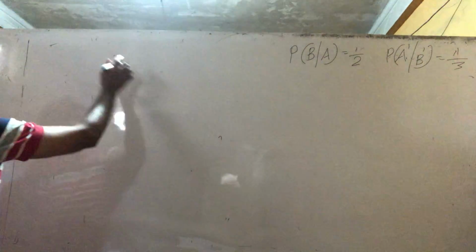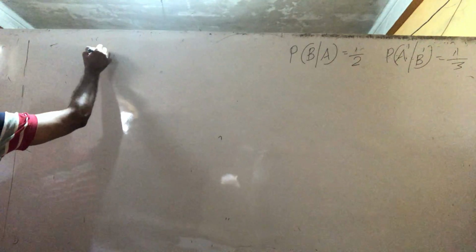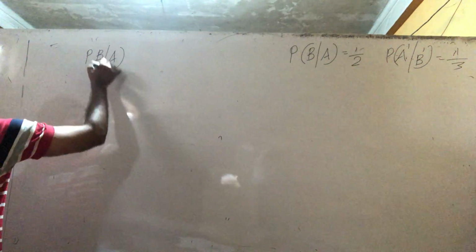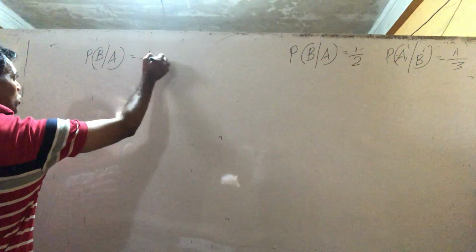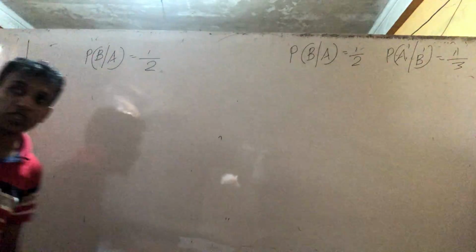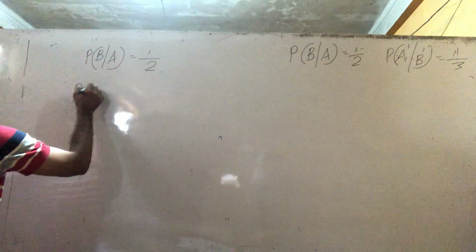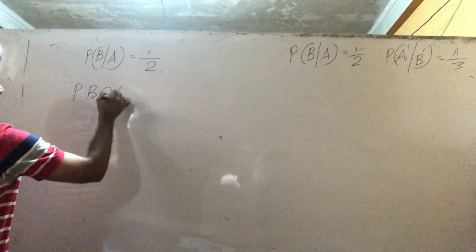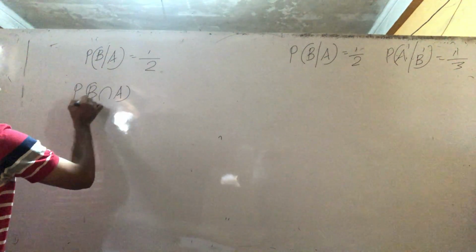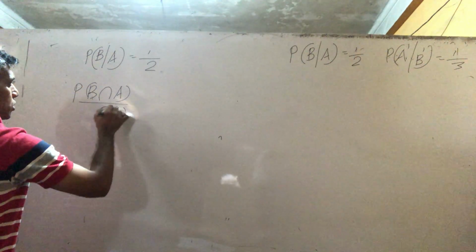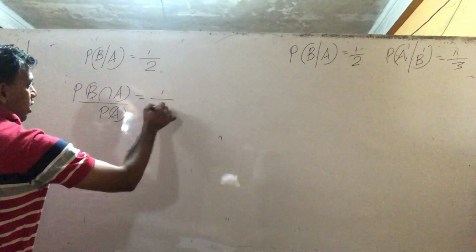So here first I use the first equation. Probability of B given A equal to half. This is conditional probability, so write the conditional rule. You can write probability of B intersect A over PA equal to half.